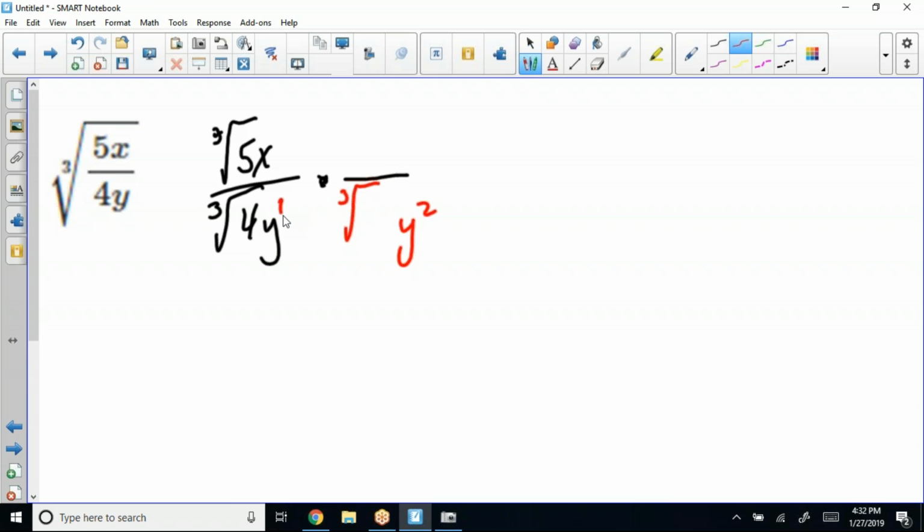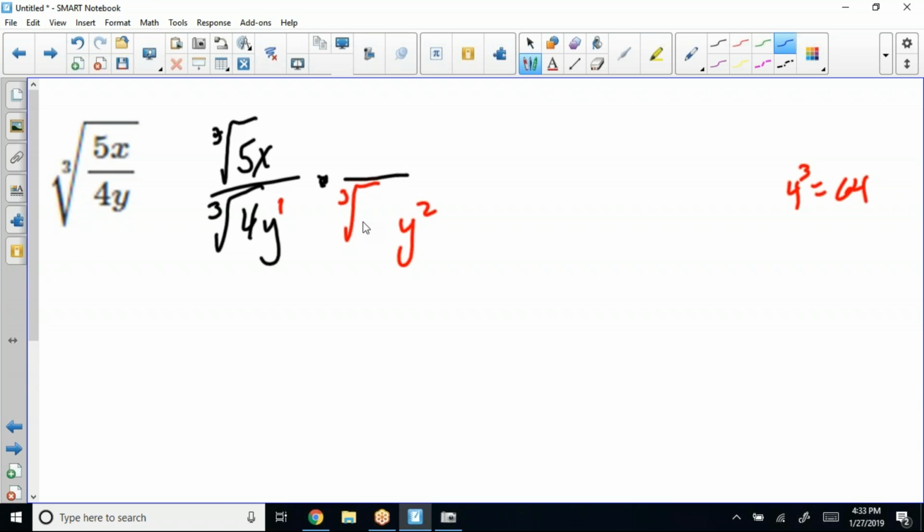So what would be a perfect cube for that? And it would be 4 cubed. What would 4 cubed be? 64. Let me make sure that's true for my brain. 16 times 4. Yeah.